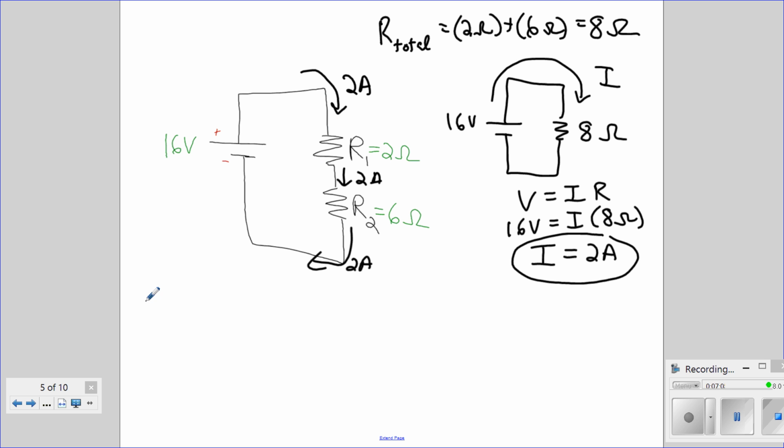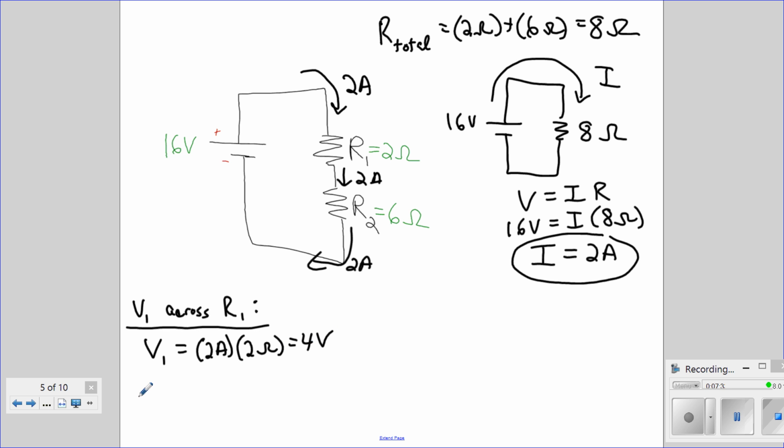We could find the voltage across resistor 1 by taking the current that was flowing through resistor 1, which was 2 amps, the full current, times the resistance of just resistor 1, which was 2 ohms, which is 4 volts.